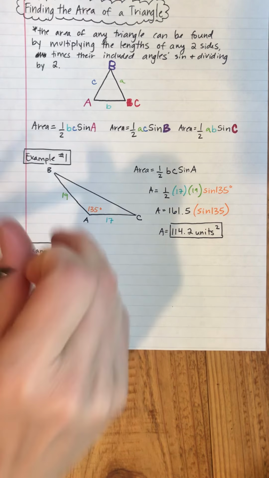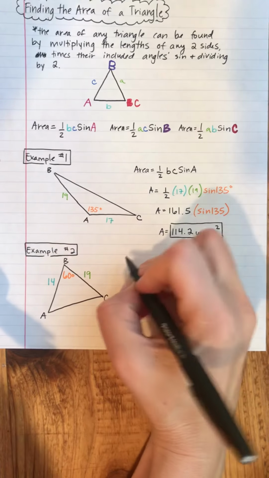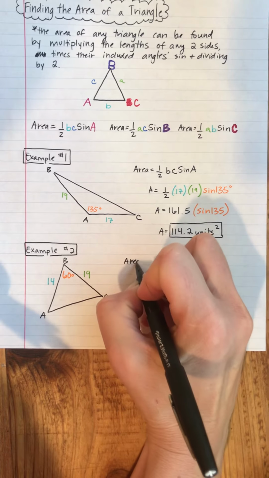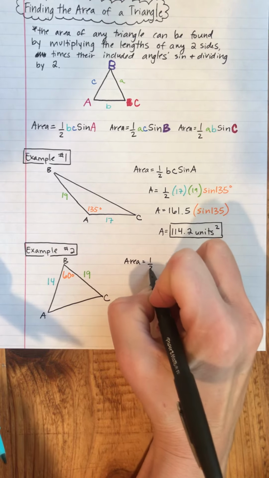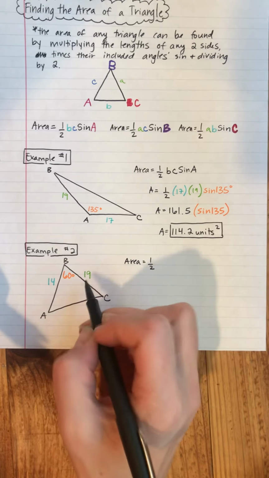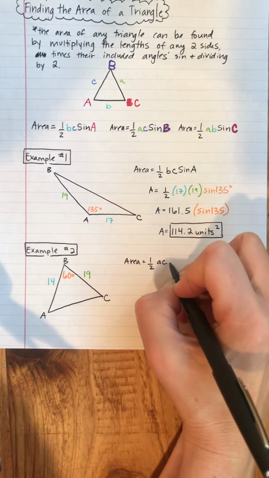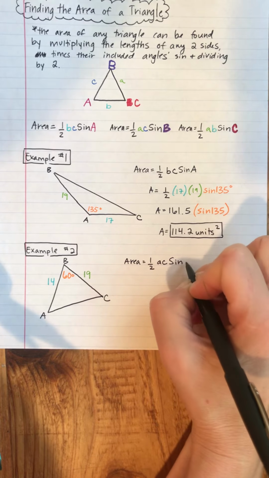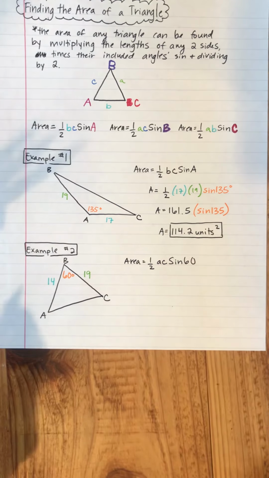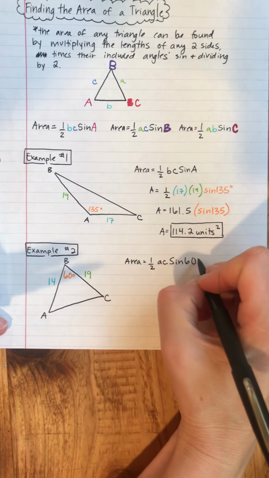So I can use my area formula. Area equals 1/2. Now I'm going to be multiplying A times C times the sine of 60 degrees.